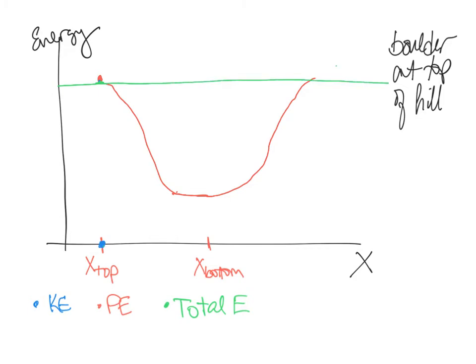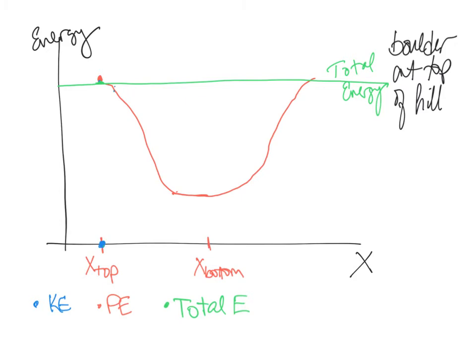So this is total energy. As this thing moves, let's try to figure out what our kinetic energy looks like. I need to go back to blue. It is true that the whole entire time, the kinetic plus the potential has to equal this total.